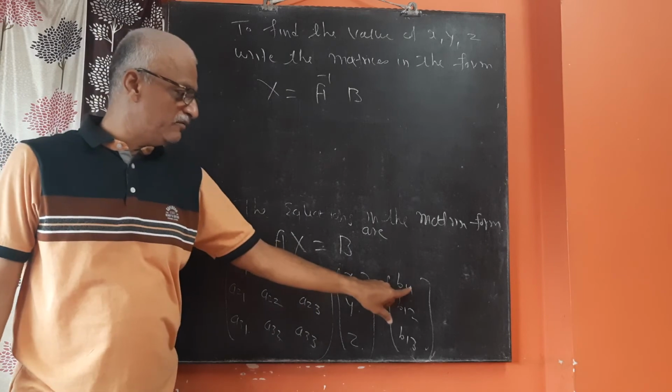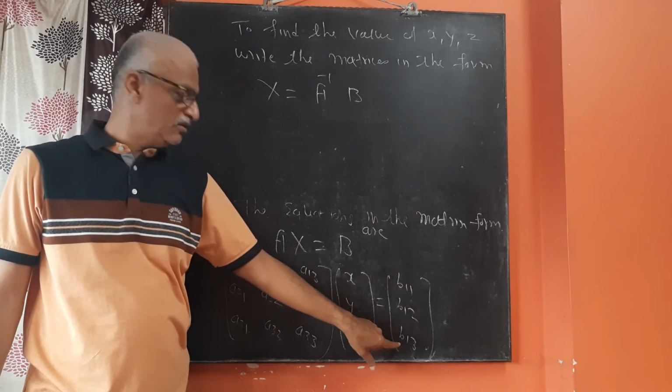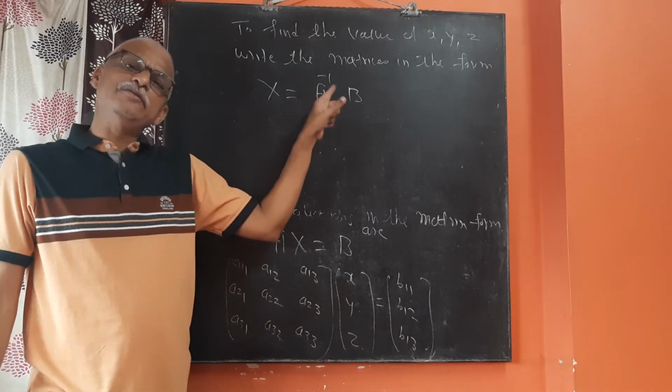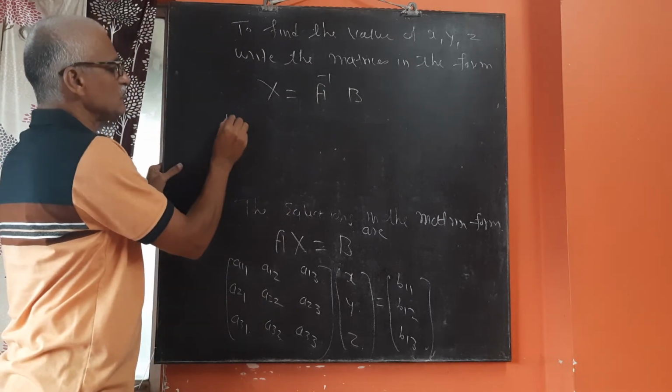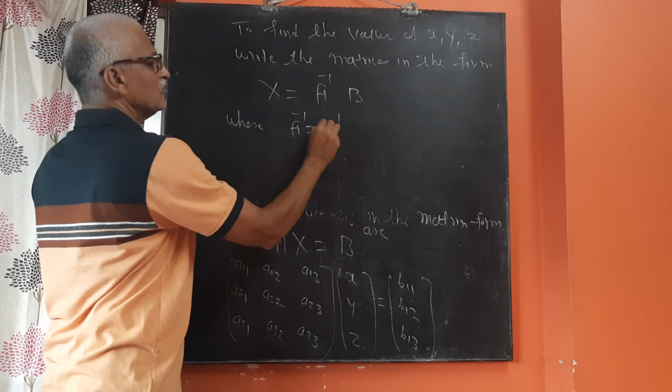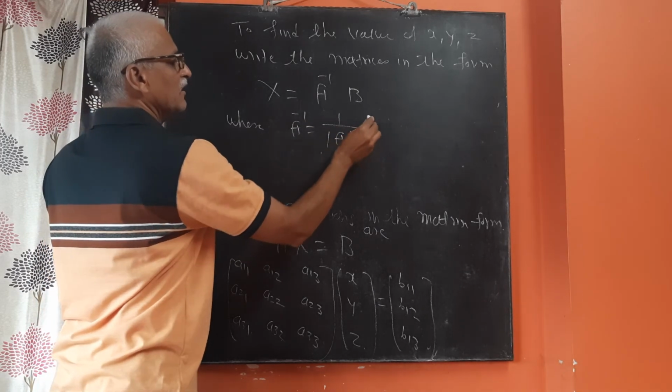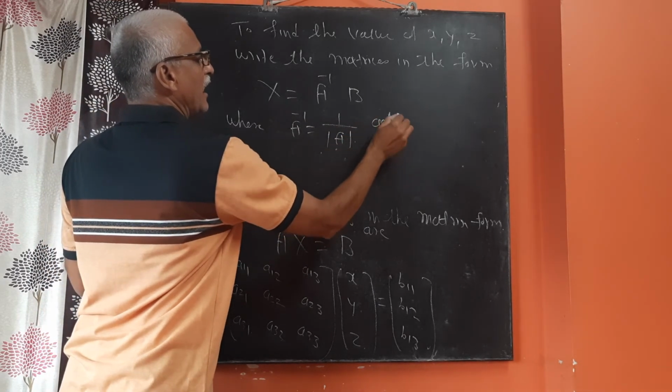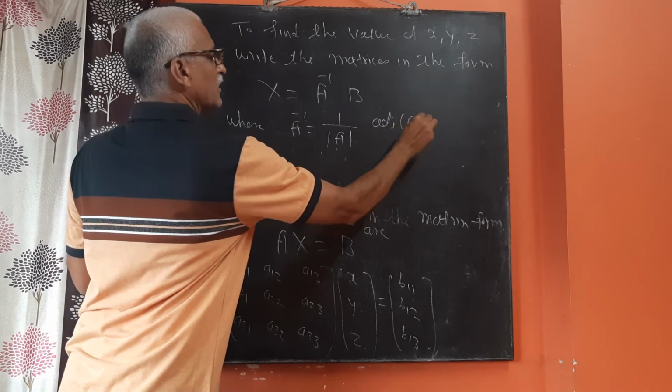B means b11, b12 and b13. A inverse that we get, where A inverse equals 1 upon determinant of A into adjoint of A.